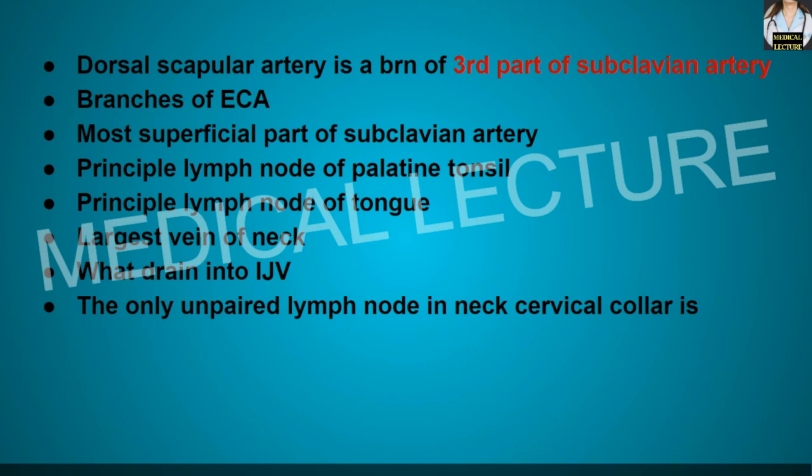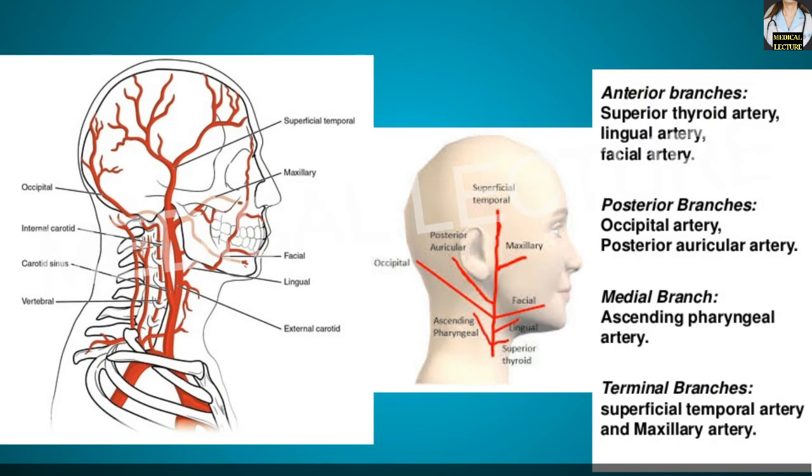Branches of the external carotid artery. Just remember this particular diagram. The external carotid artery has many branches. First, the anterior branches are the superior thyroid artery, lingual artery and the facial artery. The posterior branches of the ECA are the occipital artery and the posterior auricular artery.